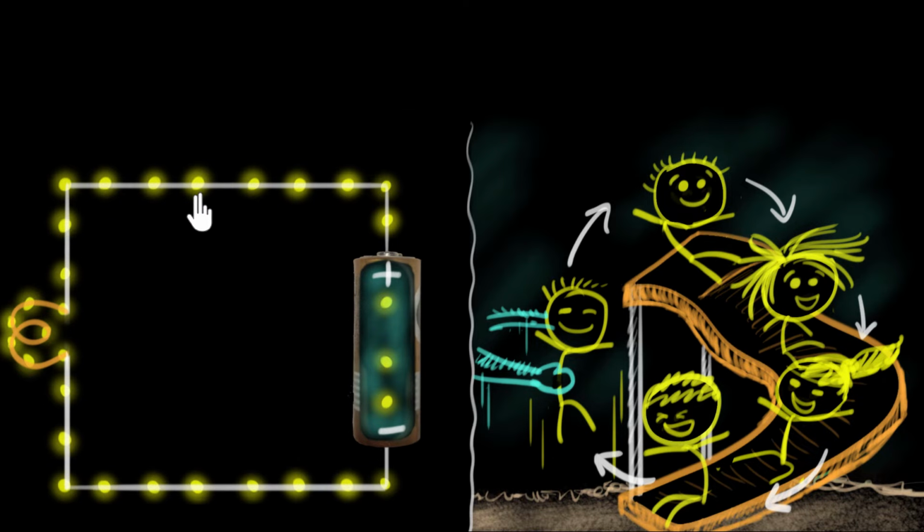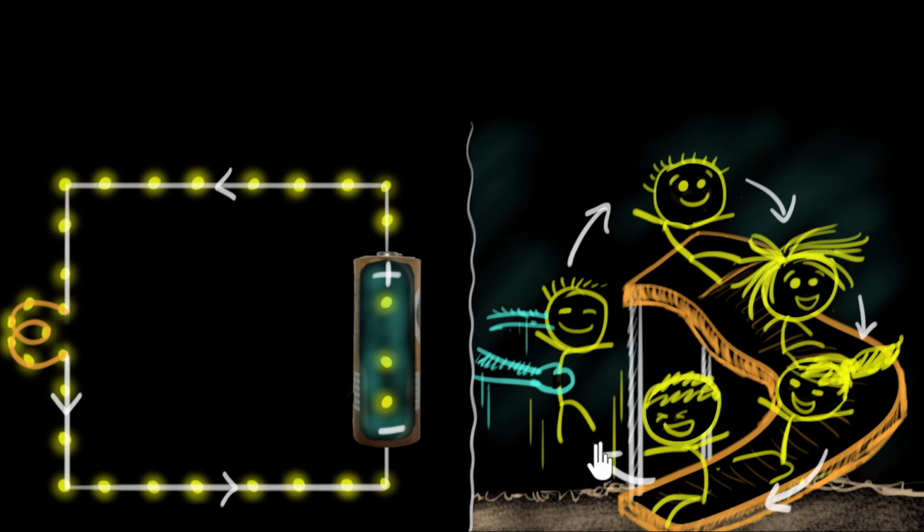So if we think of them as positive charges, we can now see the positive terminal of the battery pushes these charges away from it, and the negative terminal of the battery pulls these charges towards it. And as a result, we now have an electric current, motion of charges in this direction.